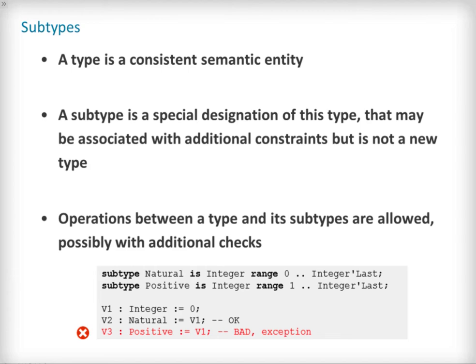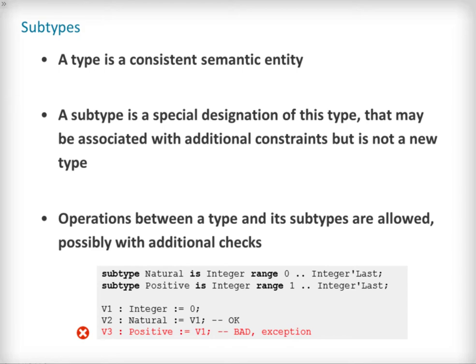With that in mind, we see in this example a natural subtype of integer from 0 up to and including the last value in the range of integer. We also have a second subtype of integer called positive that has the range from 1 up to and including the last value in the range of integer. The object v1 is of type integer and explicitly initialized with the value 0.